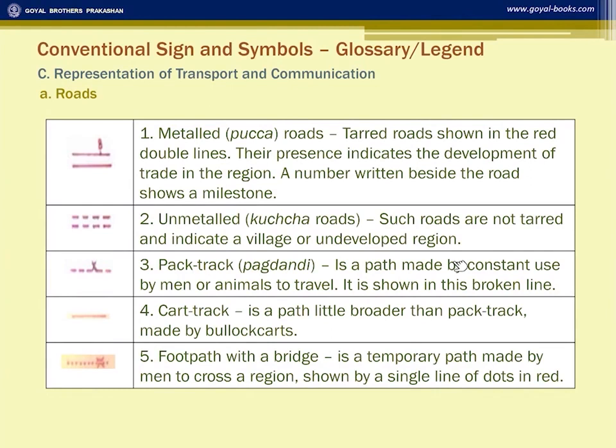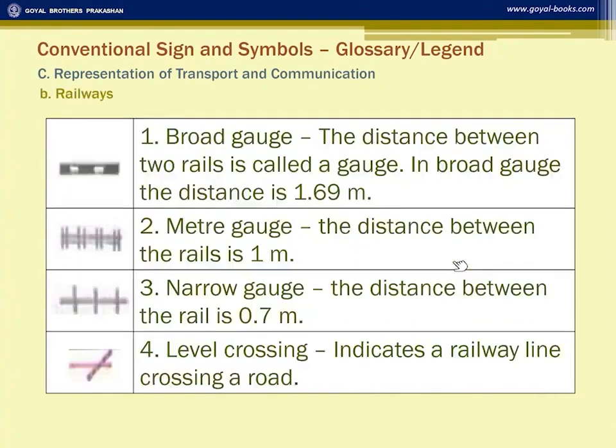What is the significance of these transport and communication? You see, at times you get a question on what means of communication the area shown in the map uses. So you have to name them, that what type of communication you can see on the map.